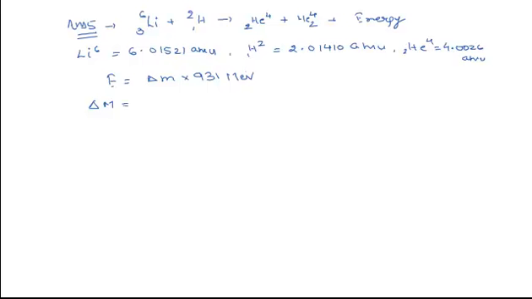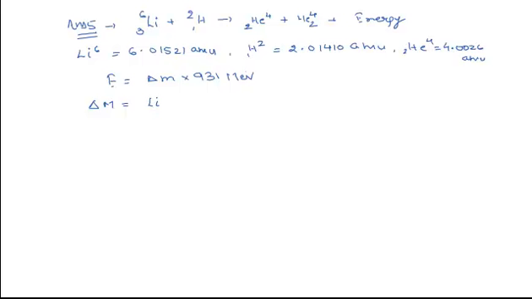Now what is delta M? Your delta M would be equal to the mass of lithium plus the mass of hydrogen, and that is to be subtracted by the mass of helium. That is the reactants minus the products.